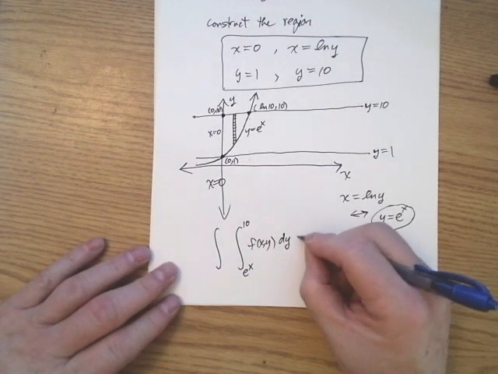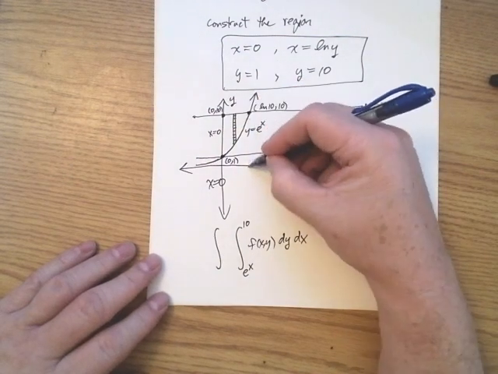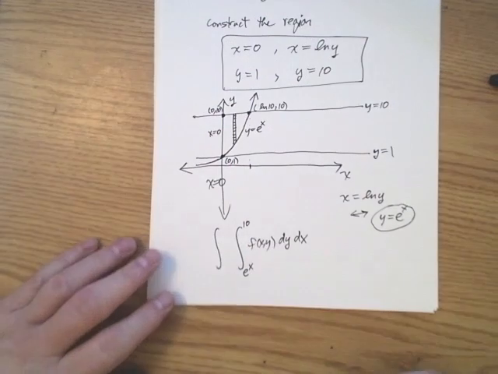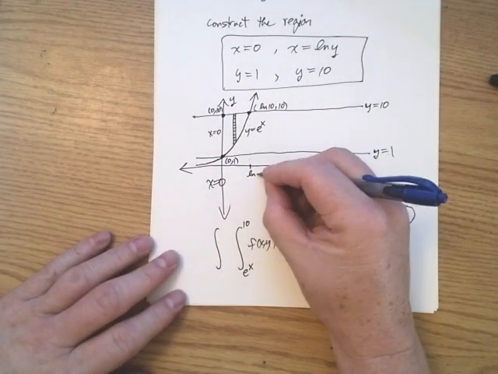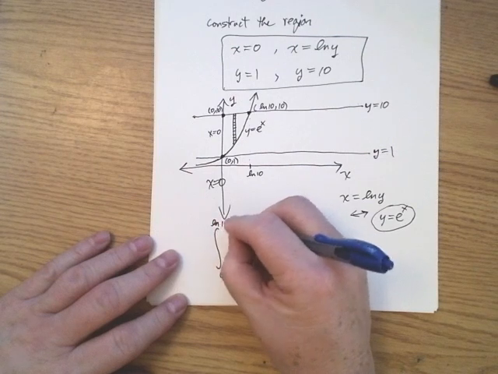Now we're going to integrate in the x direction. If I take this region and project it down onto the x-axis, do you see I get everything from 0 to the natural logarithm of 10?